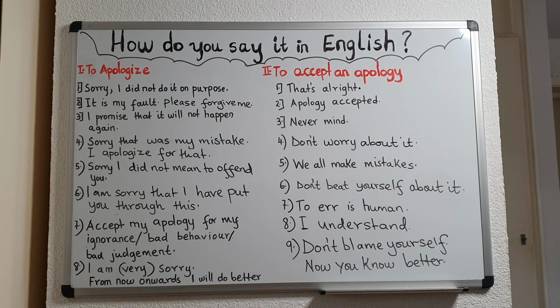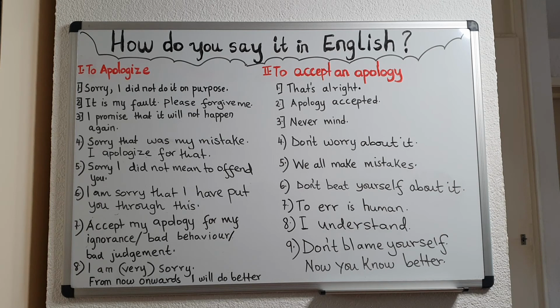We all make mistakes. So, for example, if someone says to you, it is my fault, please forgive me, then you can say, come on, we all make mistakes. Or maybe someone says to you, sorry, that was my mistake. I apologize for that.